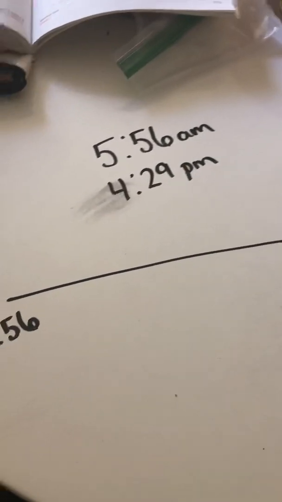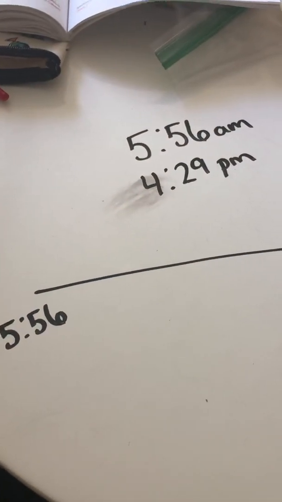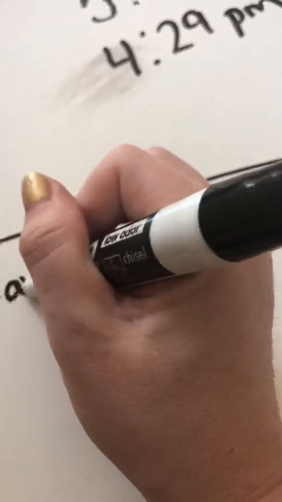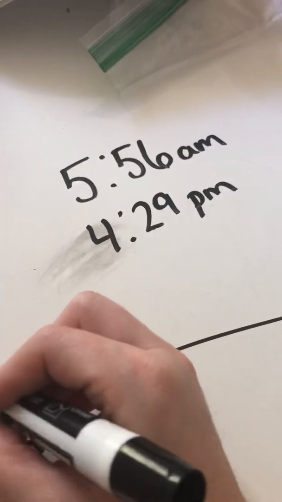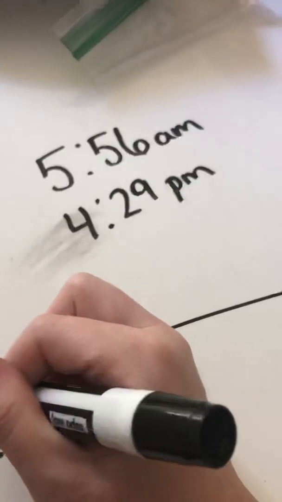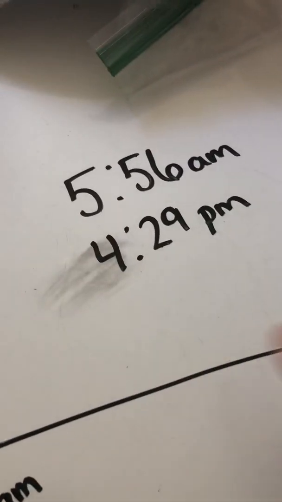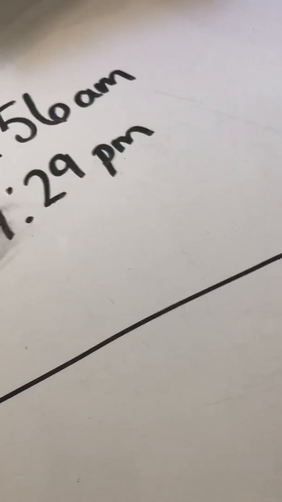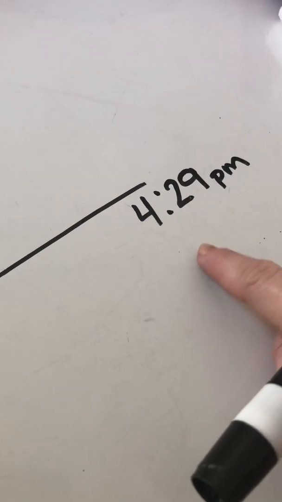And I have to figure out how many whole hours I can fit between 5:56 a.m. and 4:29 p.m. I'm going to hit noon and I'm going to keep going there. So I'm going to let you try to do that, counting whole hours. I'll go 5:56, 6:56, 7:56 all the way until I can get here without going further than 4:29.